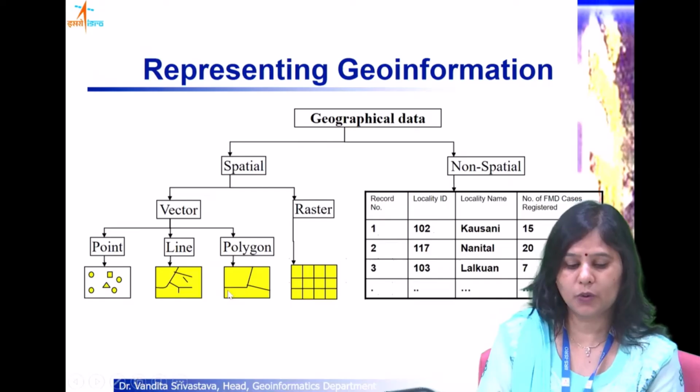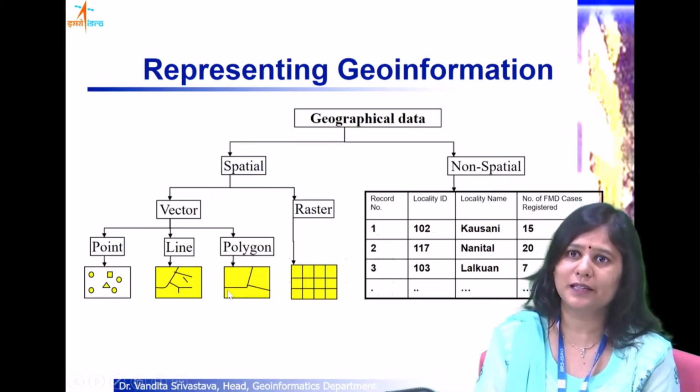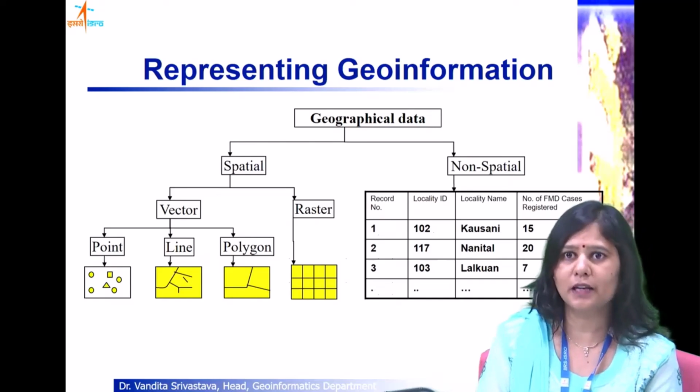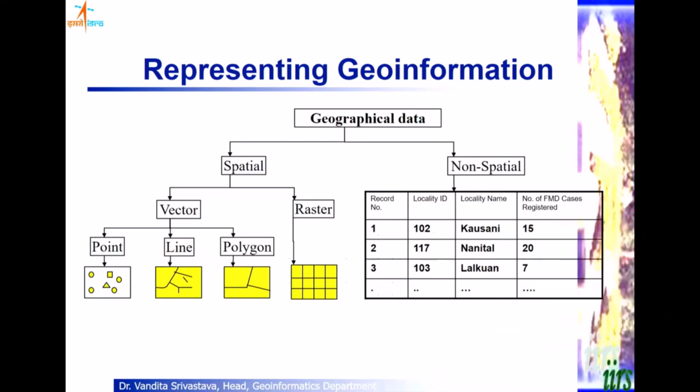Now again that depends upon at what scale we are representing it. So if we are representing a very small scale map, that is we are able to see a huge amount of area but very less details, then that is a small scale map, and we can hardly see anything inside a city. We can just see city as a point. That time we will represent city as a point.